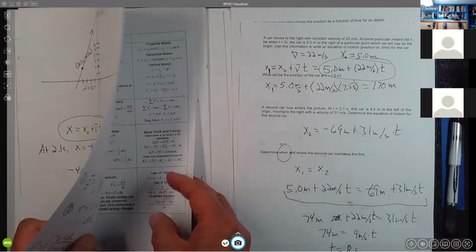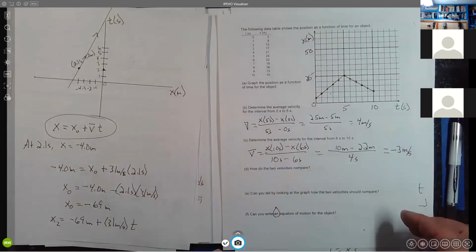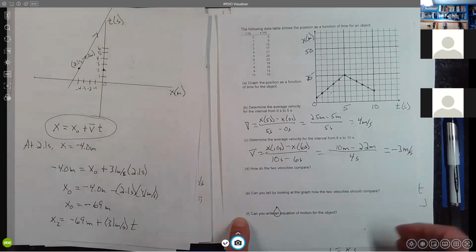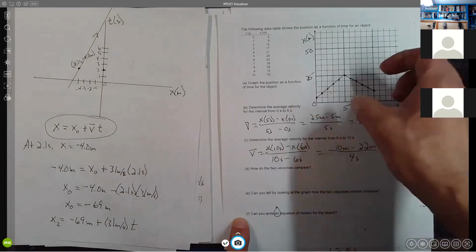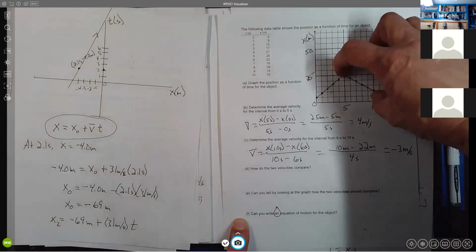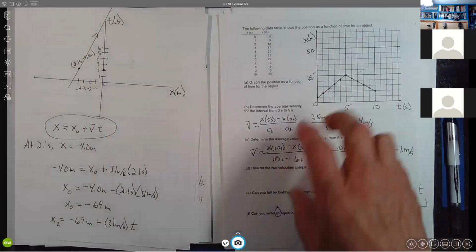Yes, I couldn't write an equation of motion, and the reason is that it has one average velocity for this part, but a different average velocity for that part. So I can't write one equation that describes both of those situations.